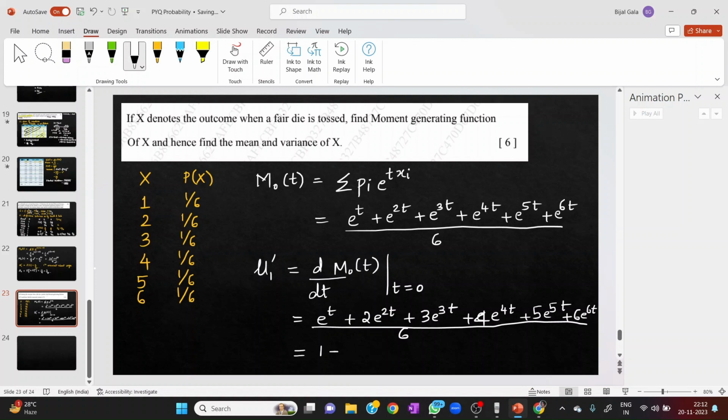So the first term becomes 1, second is 2, 3, 4, 5, and 6, divided by 6. The total is 21/6, which turns out to be 7/2. This first moment is nothing but your E[X].